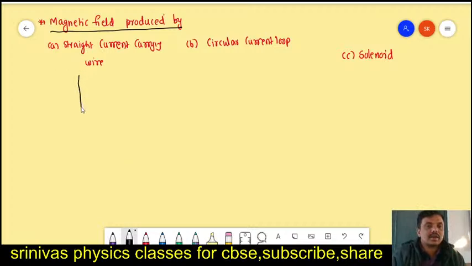This is a straight current carrying wire. The magnetic field produced by the straight current carrying wire, on what factors it depends and how the field pattern will be. We will place one paper here like this.